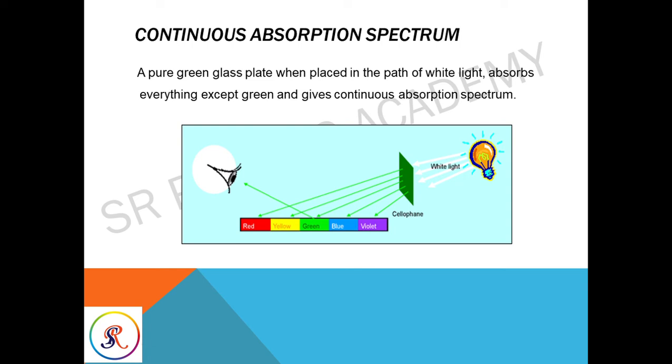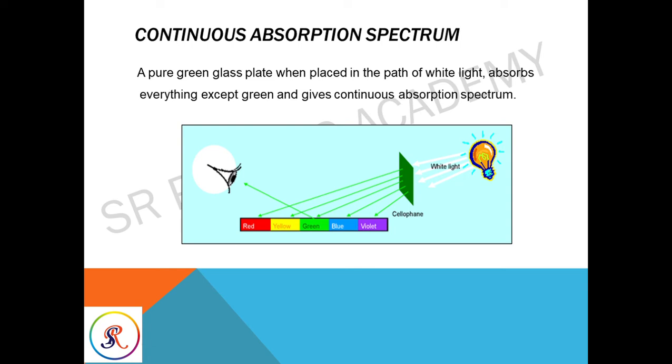So we use the continuous spectrum, line absorption spectrum and band absorption spectrum for different purposes. The main difference between emission and absorption spectra is that an emission spectrum has different colored lines in the spectrum, whereas an absorption spectrum has dark lines. You have to remember these three points.